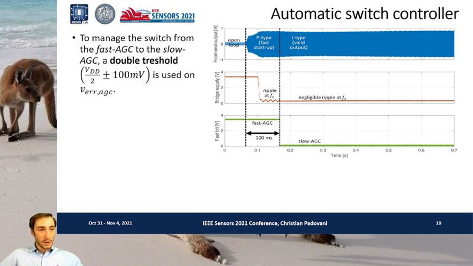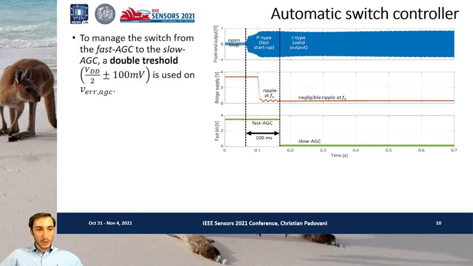The figure shows the measured time transient, which lasts for 40 milliseconds due to the large bandwidth of the proportional type AGC. Then we can also clearly see the ripple at f delta, due to the proportional type AGC.